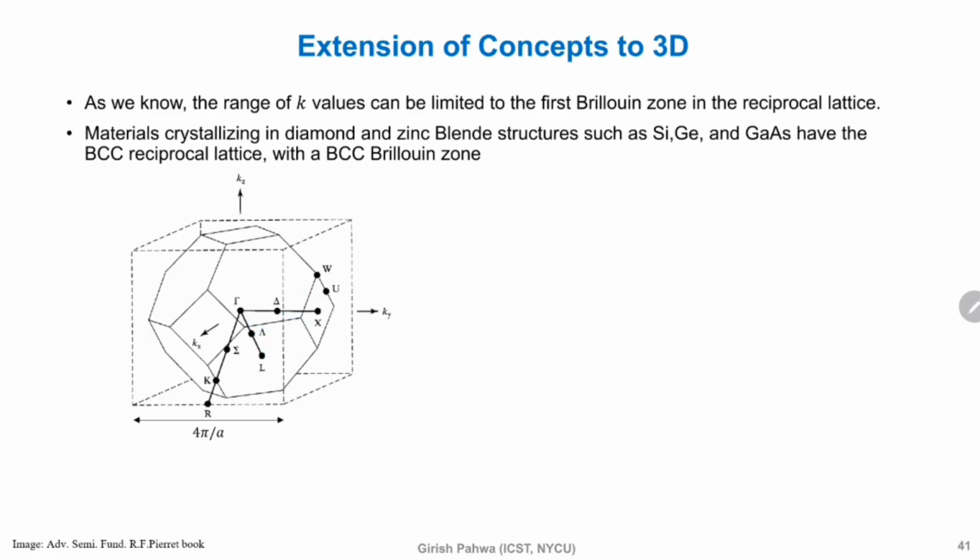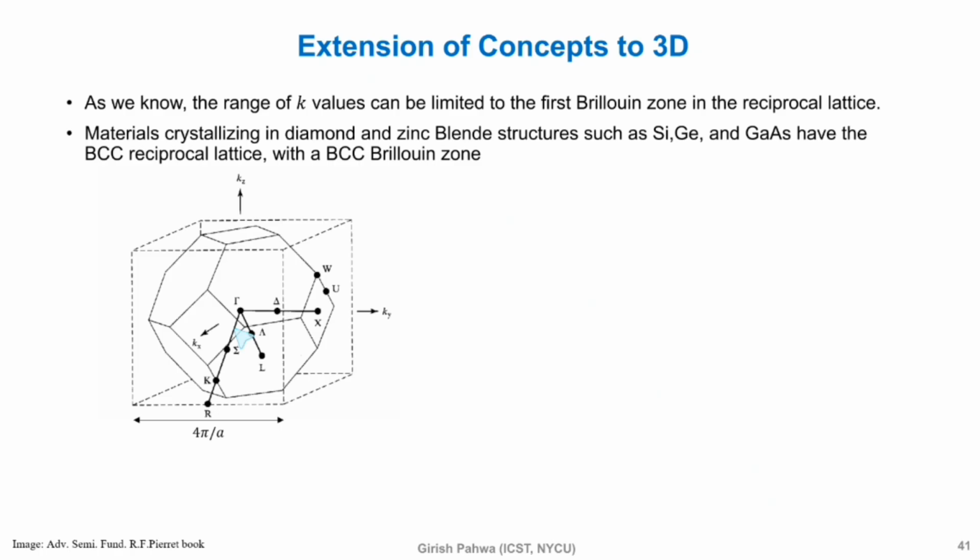So this is a 0 1 0, but we know that 1 0 0, 0 1 0, 0 0 1, 0 1 bar 0, right? 1 bar 0 0, all of these are equivalent directions. So if there is a minimum of energy along, say, 0 1 0, there will also be a point which will give you minimum energy along, say, 1 0 0 or 1 bar 0 0, or there will be 6 such directions which will give you minimum energy.